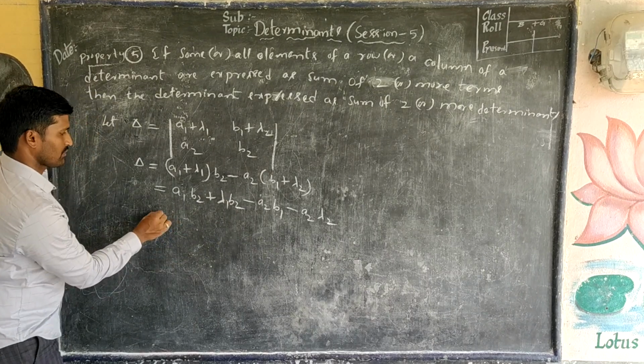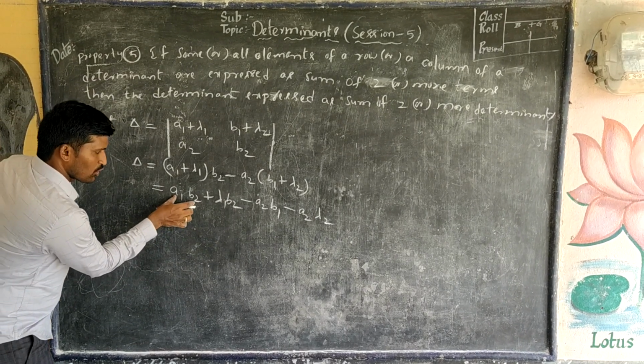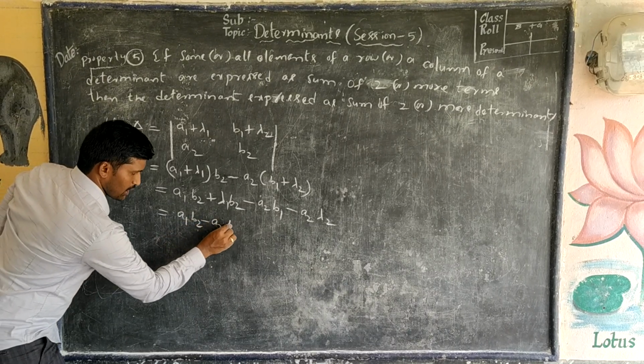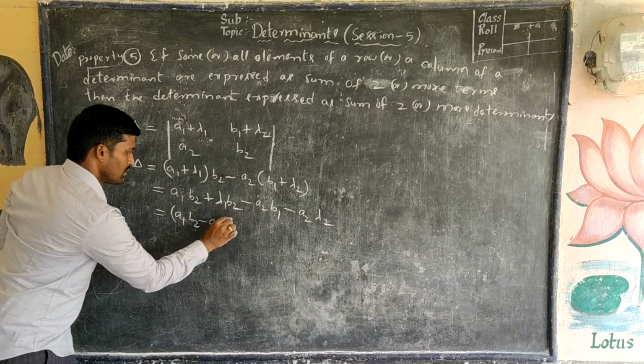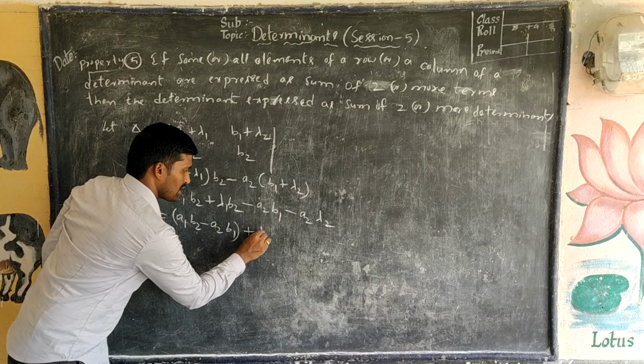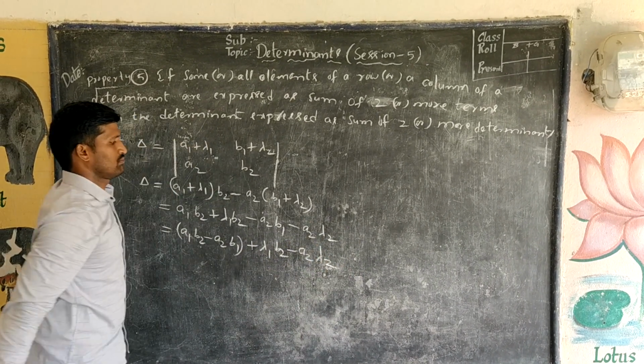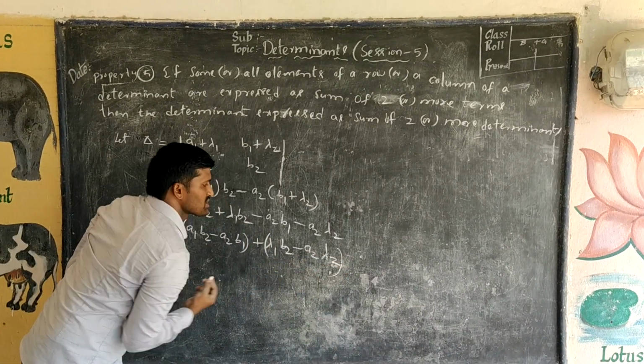Now writing without lambda terms, a1 b2 minus a2 b1. Now what remains? Lambda 1 b2 minus a2 lambda 2. These are the two terms.